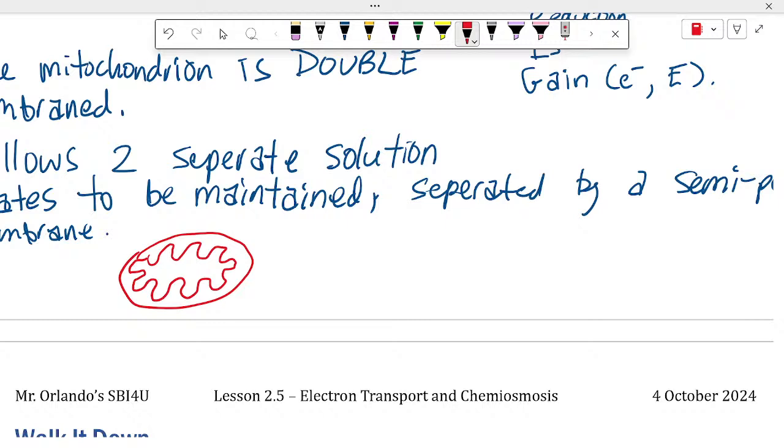Where's all the action actually going to happen? On the surface of the membrane. Does that make sense? What we're going to talk about today happens on the membrane surface. So by having this folded like this, we have more membrane surface. So we have the cristae. We'll make a tiny little note and say folds called cristae increase surface area.